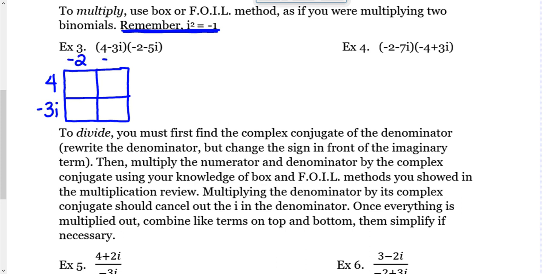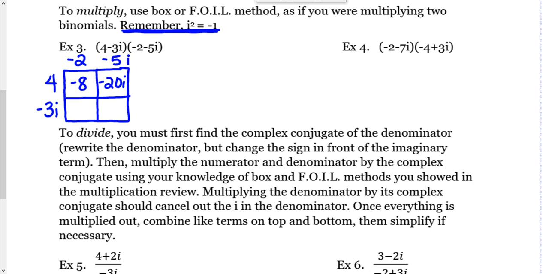Negative 2, negative 5i. I'm just going to go through and multiply. So when you're working on this box right here, you take what's above it, you multiply it by what's beside it. So 4 times negative 2 is negative 8. Again, moving over, take what's above and what's beside. 4 times negative 5i is negative 20i.